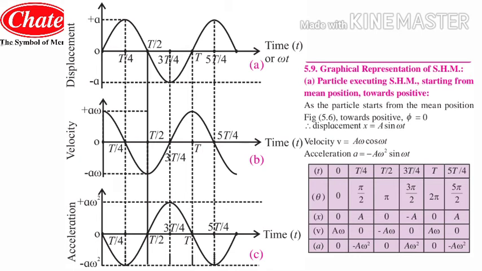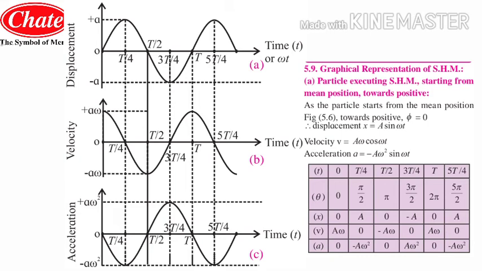Now students, we will see the graph of velocity. As we have drawn the graph for the displacement, in the same way we are going to draw the graph for the velocity. But here is one difference, students. The equation for the velocity is a omega cos omega t.